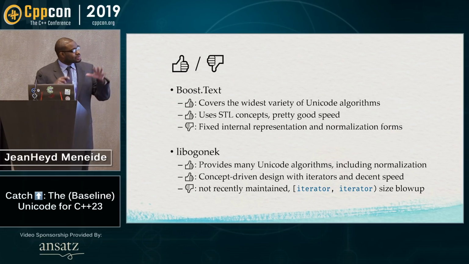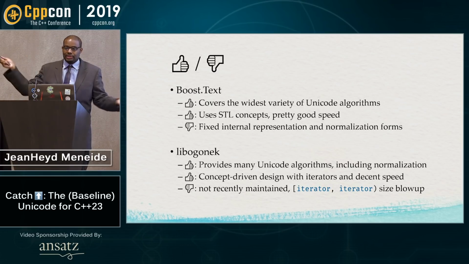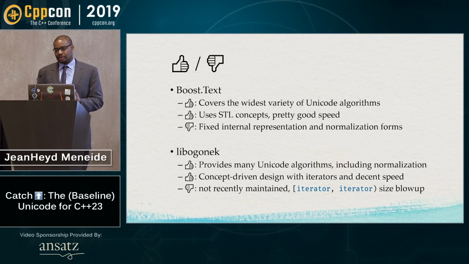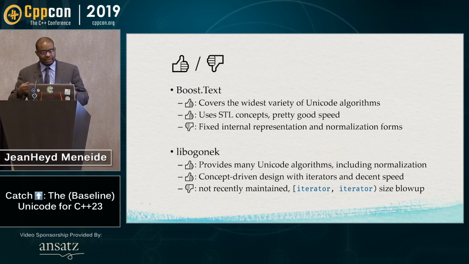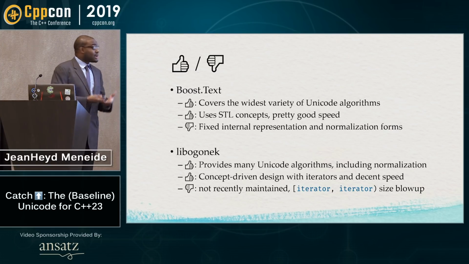That serves as a downside, as far as consuming a lot of the current problems we have today, because other people have different encoding requirements. Other people especially want to use normalization form D for internal processing and other things like that. Because he's fixed the internal representation and normalization forms, it's kind of hamstrung his library.